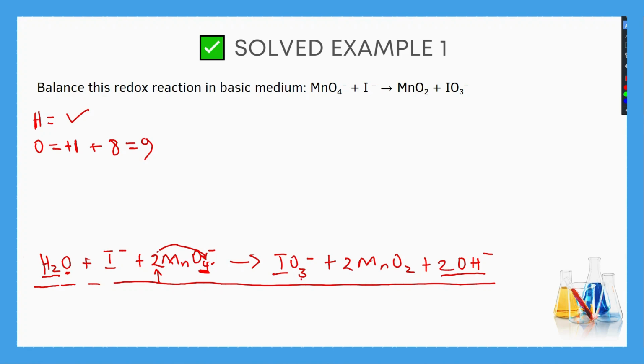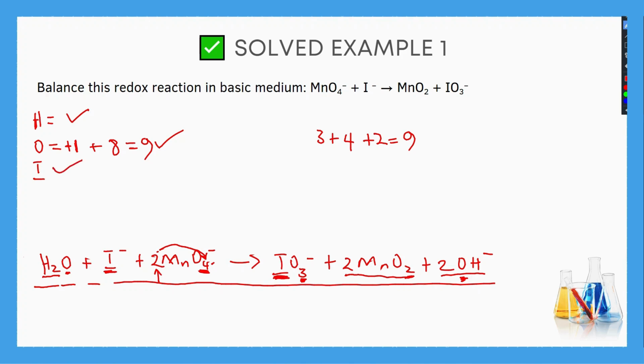How about the right hand side? On the right hand side, you can see there are 3 atoms of oxygen here, which is 3 plus, and over here there are 2 atoms of oxygen multiplied by this coefficient of 2, which is 4 plus, and then there are also 2 atoms of oxygen here. 3 plus 4 plus 2 is equal to 9. So oxygen is also balanced. And then for iodine, there is 1 atom of iodine over here on the left hand side, and the same thing on the right hand side.